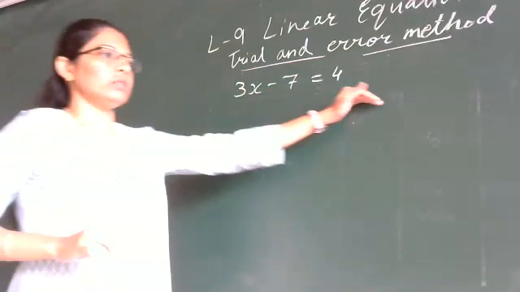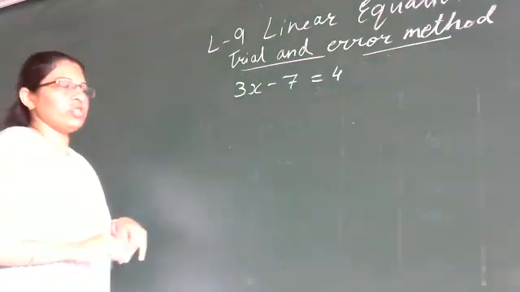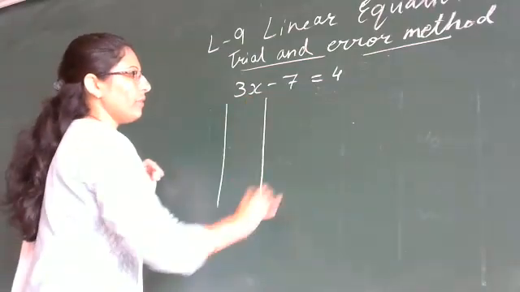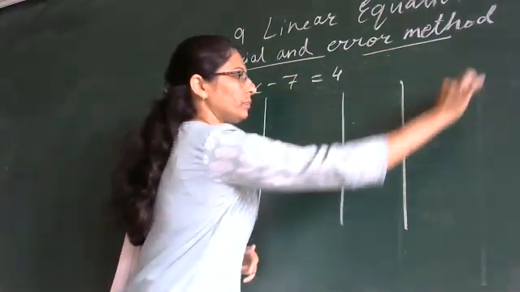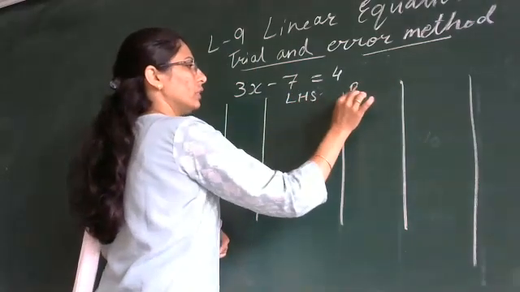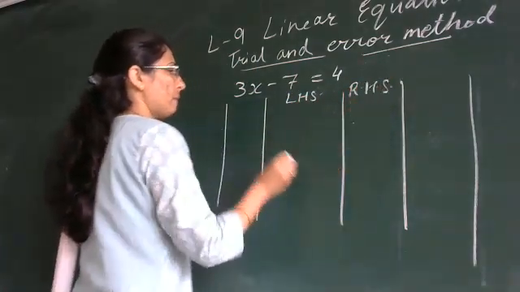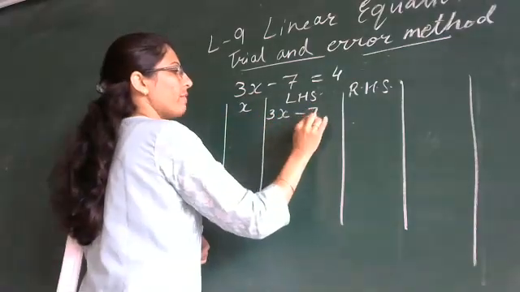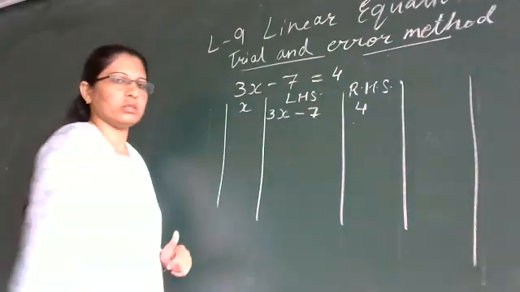Now this equation is there. Now again we will put different values. Here it is 3x minus 7 equals 4.